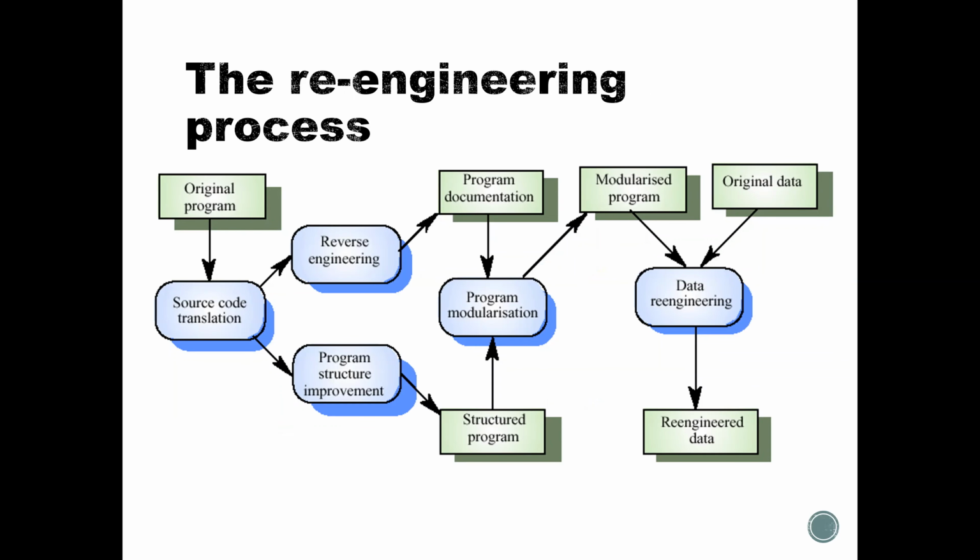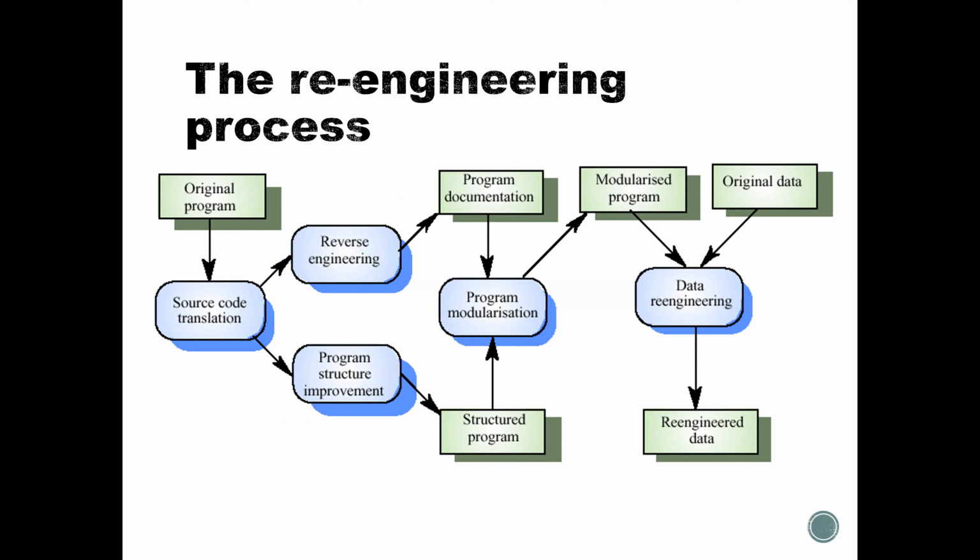So this diagram basically tells us what exactly a re-engineering process is and how it works. If you see this diagram, the main re-engineering process is highlighted in blue color. The green color which you see in this diagram are the things associated with the main phases of this re-engineering.